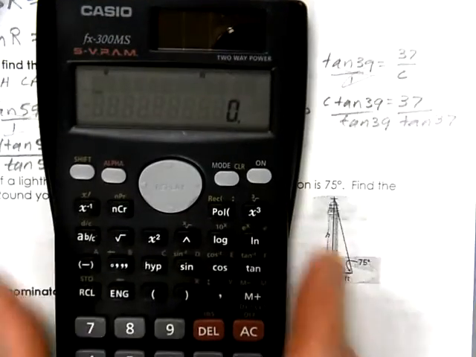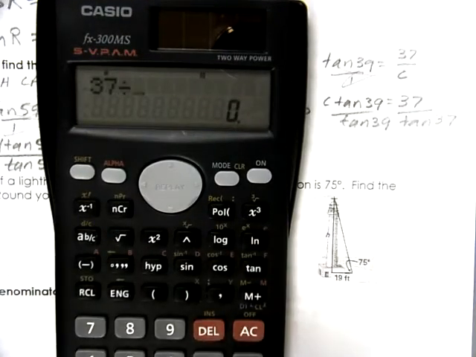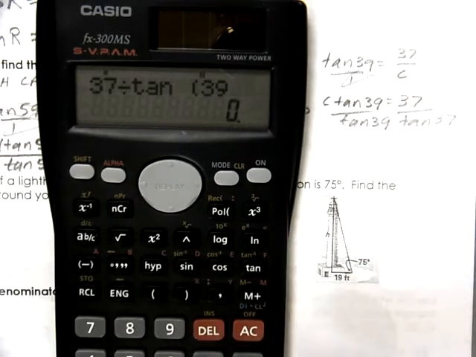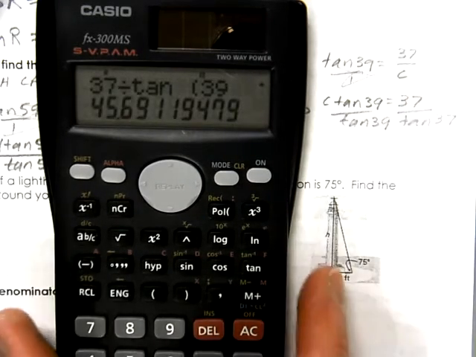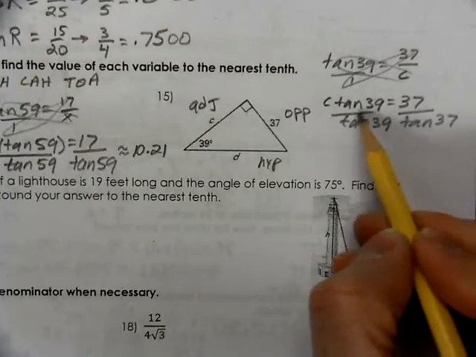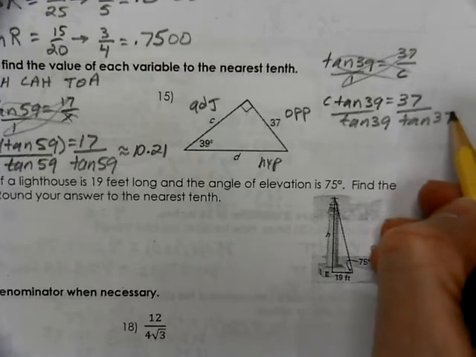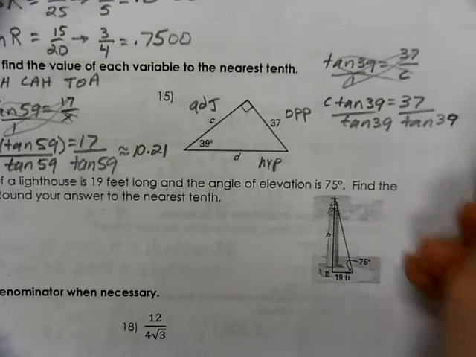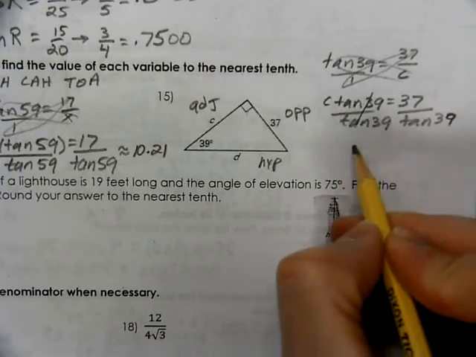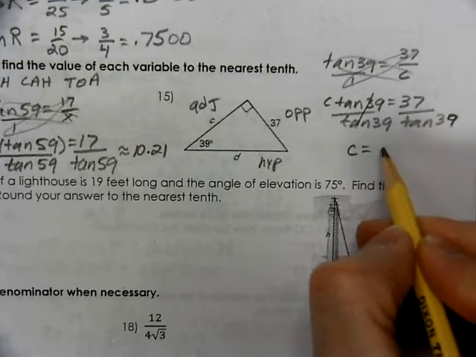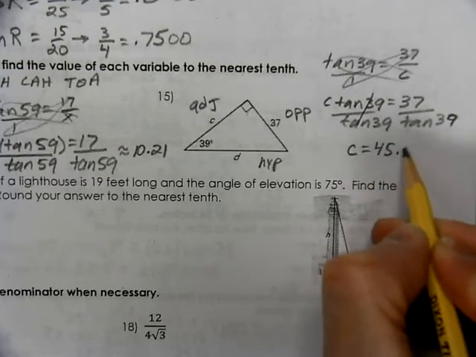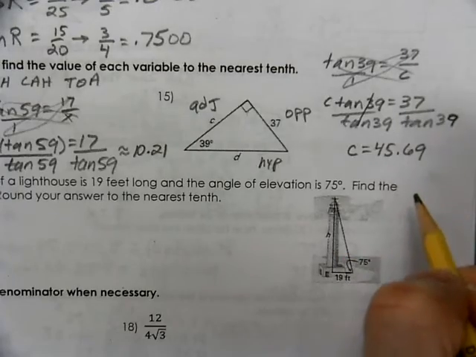So we'll take our calculator. 37 divided by the tangent of 39. So when we divide it by the tangent of 39, this should be a 9 here, 39. So that gives us 45.69.